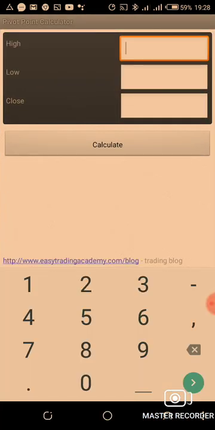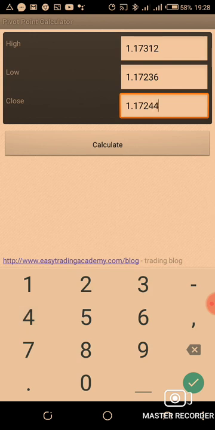What is the high? 1.17312. Then what about the low? The low I said is 1.17236. What about the close? The close is 1.17244.